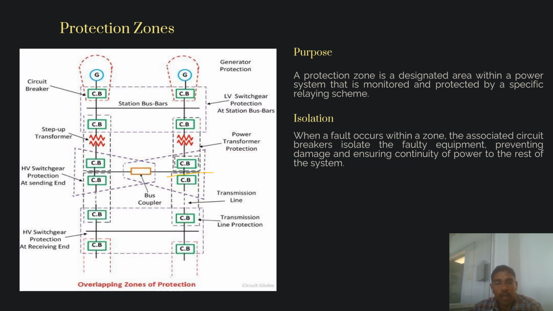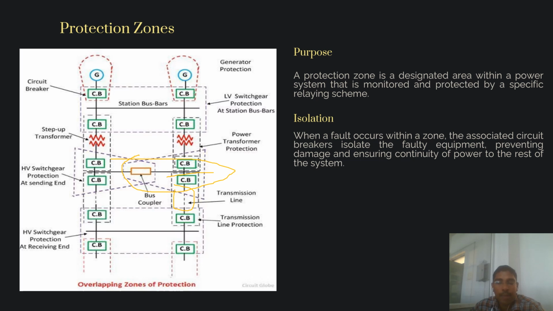Then transformer alone protection, then transmission line alone protection, then the bus coupler with its own protection. Then after that, you can see the overlapping: the generator along with the transformer, then the transformer along with the transmission line, then the transmission line along with the bus coupler. So likewise you have classifications with respect to individual protection as well as overlapping protection.